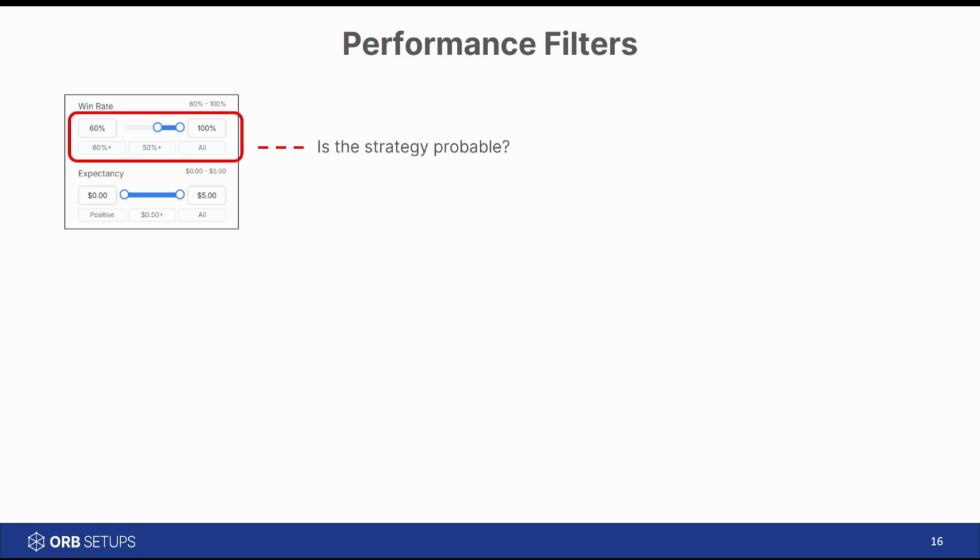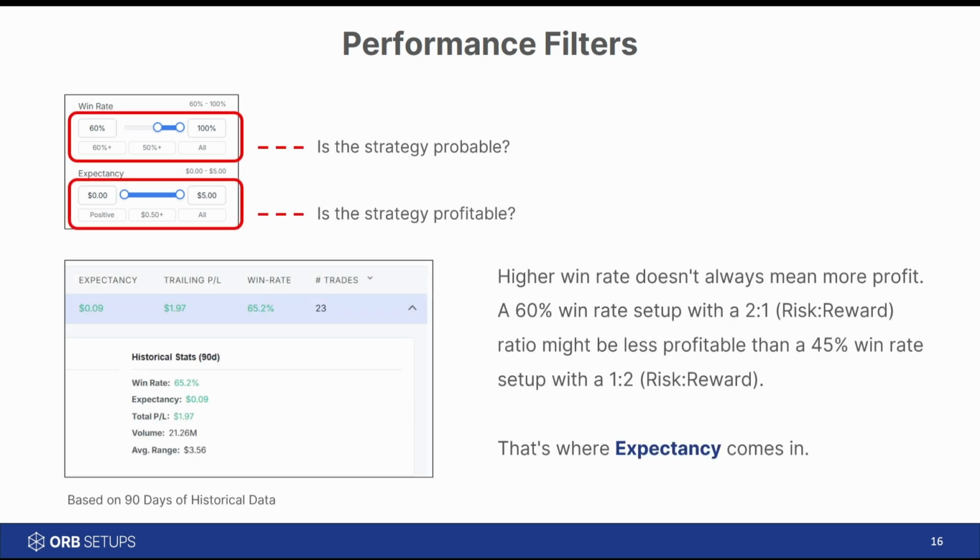Now with the performance filters, we've already talked about how they help you answer two key questions, but one point that I want to call out, which a lot of traders forget, is that a higher win rate doesn't necessarily lead to more profit. In fact, a higher win rate in which you had to risk 2 to make 1 could, a lot of times, lead to lower profit than a scenario in which you had, say, a 45% win rate, like we do in the pullback setups, but we get to risk 1 to make 2.